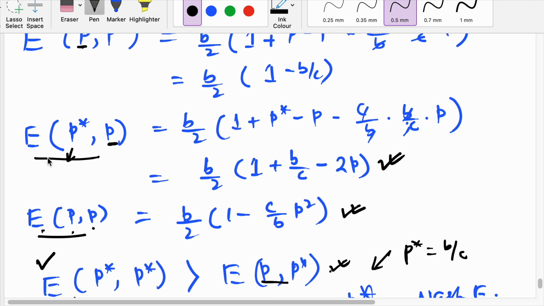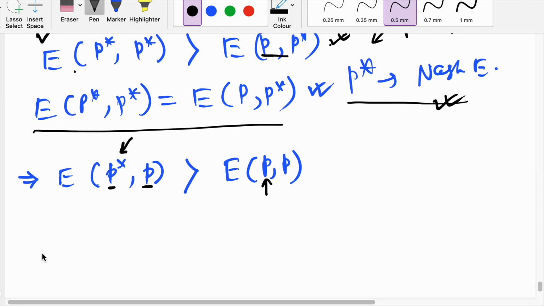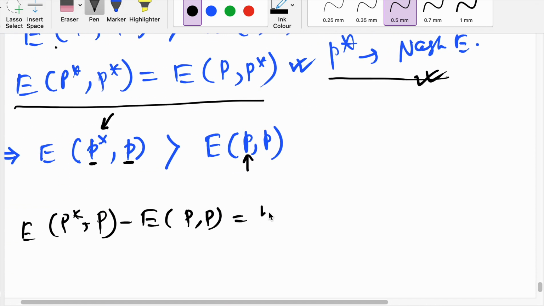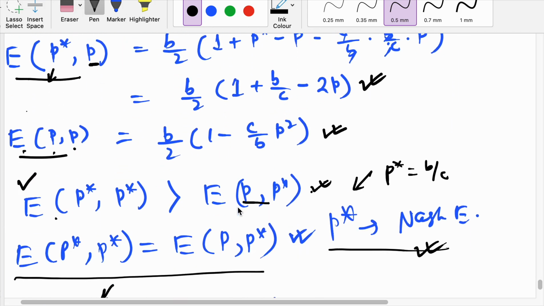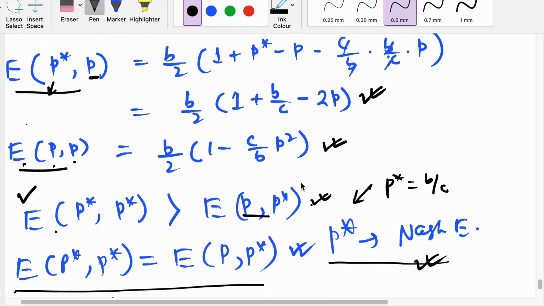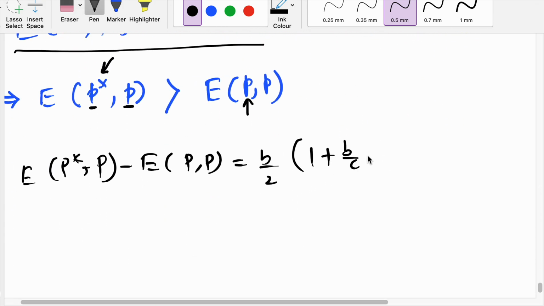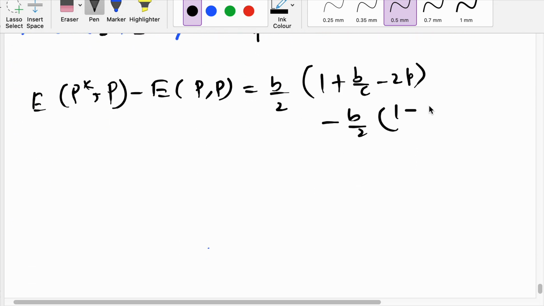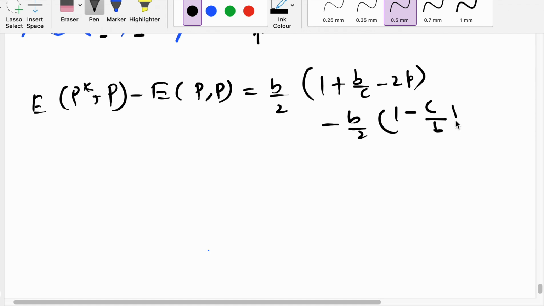If we subtract, we get E(p star, p) minus E(p, p), which is b by 2 times 1 plus b by c minus 2p, minus p by 2 times 1 minus c by b p square.